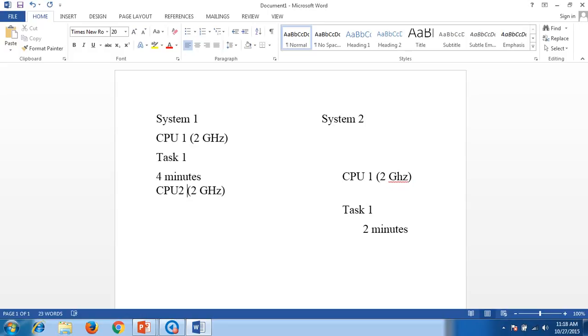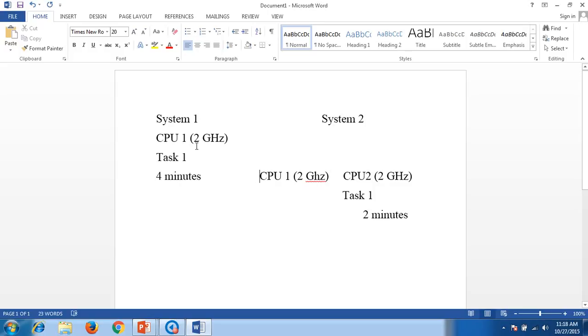Now see this one. System 1 has only one CPU at 2 gigahertz speed, and system 2 has 2 processors with 2 gigahertz each. So if system 1 is finishing its work in 4 minutes, it means system 2 will finish its work in 2 minutes, because the number of processors is increased.